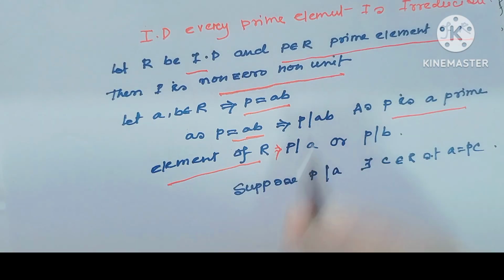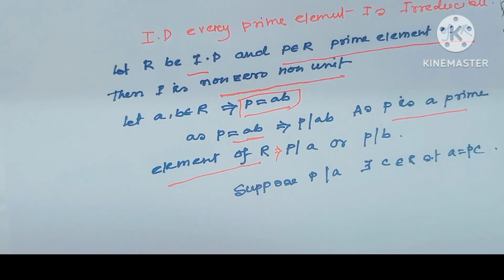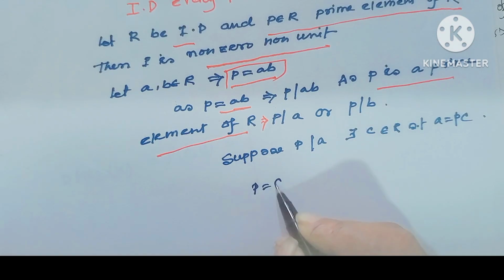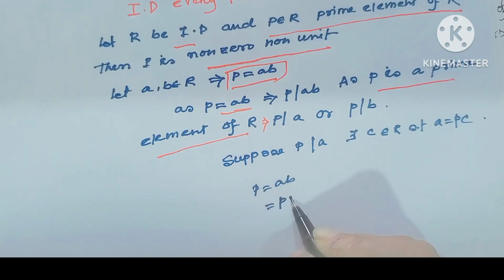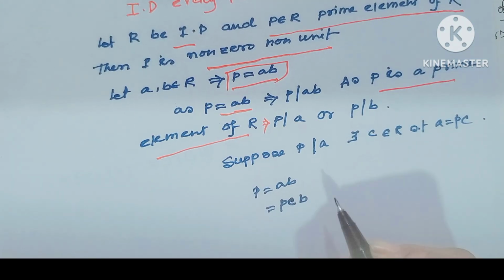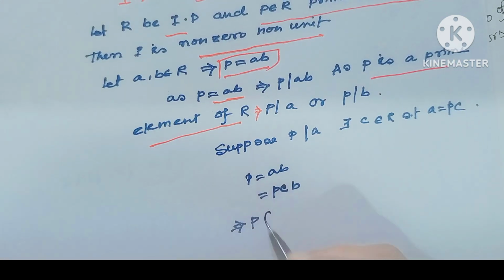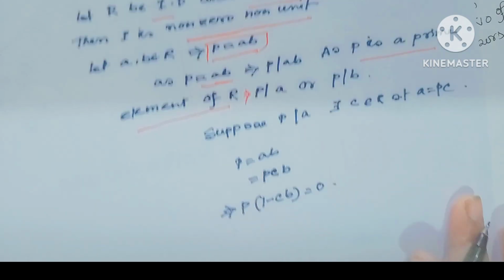And here I have p equals ab. Just put the value here: p equals ab and a equals pc. Then p times (1 minus cb) equals 0.